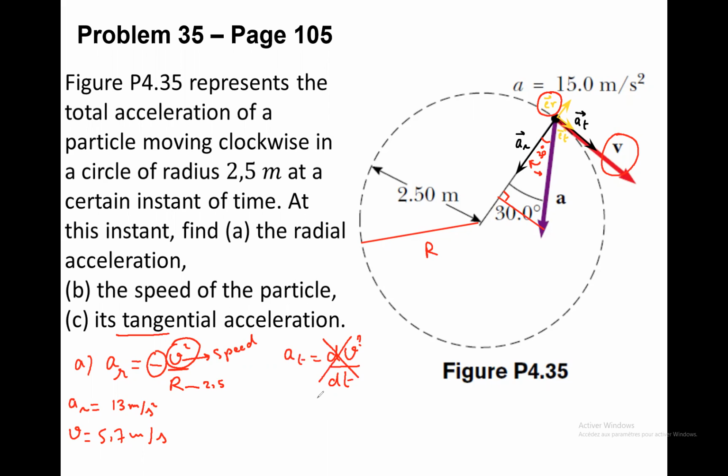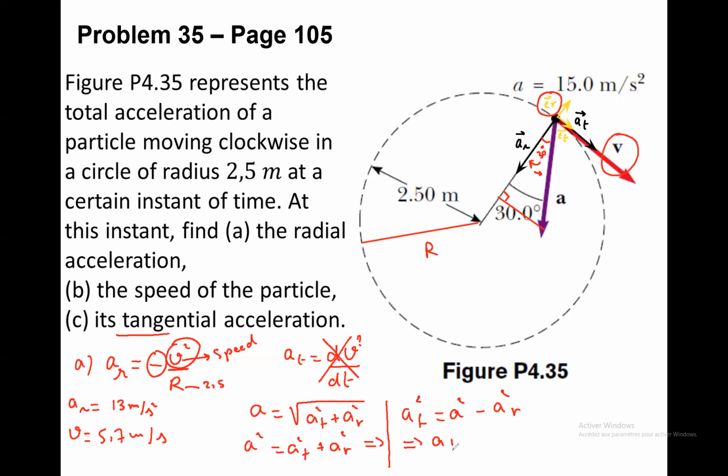The only method to calculate at is a square equals at square plus a radial square. So at square equals a square minus a radial square.